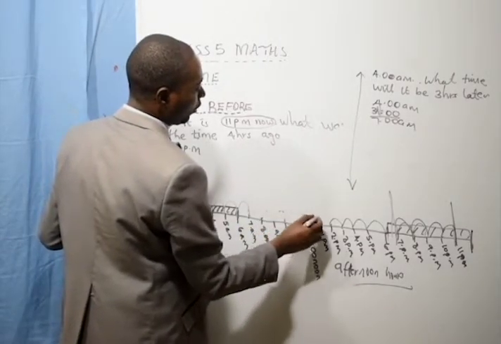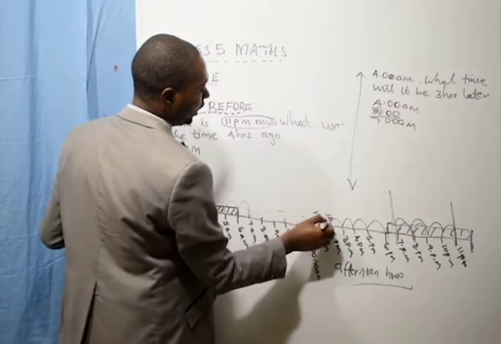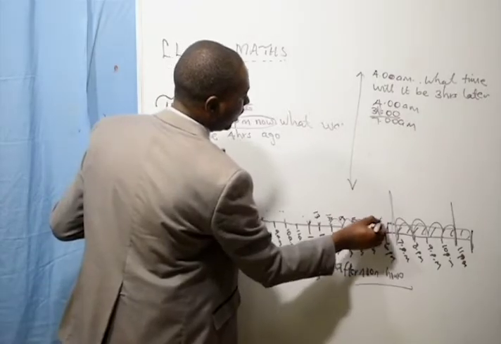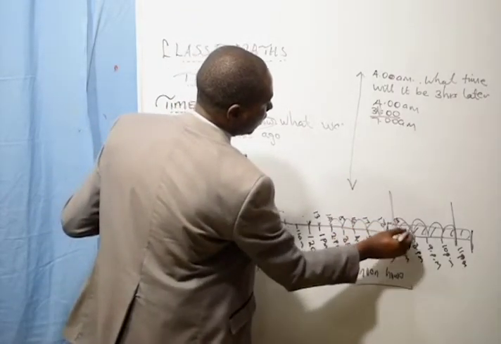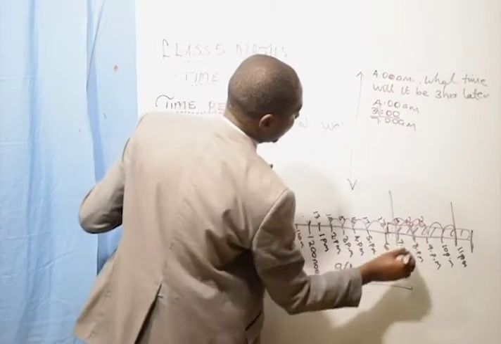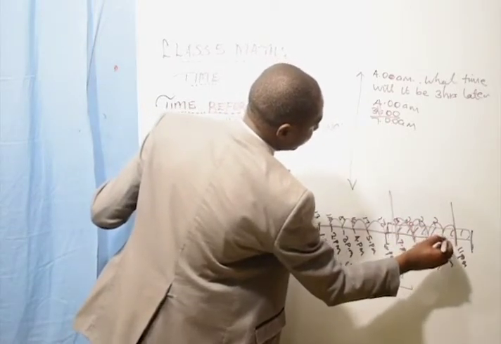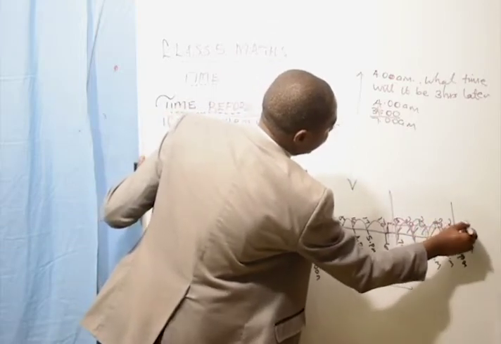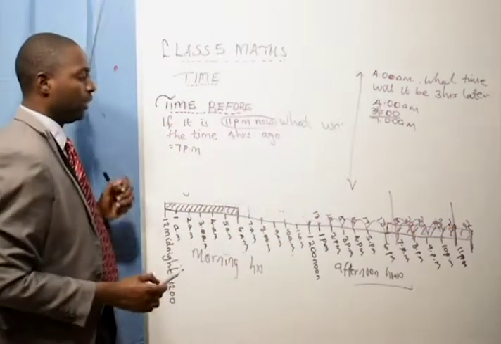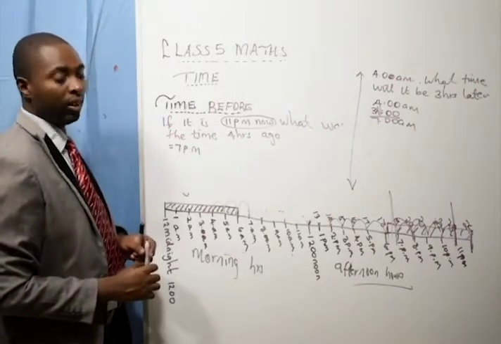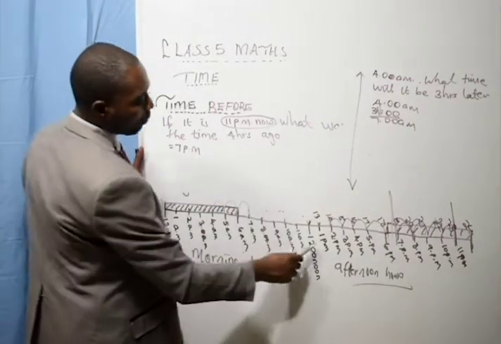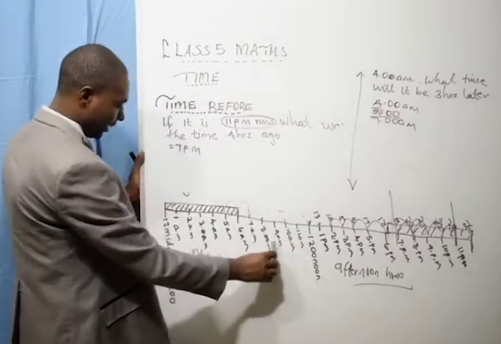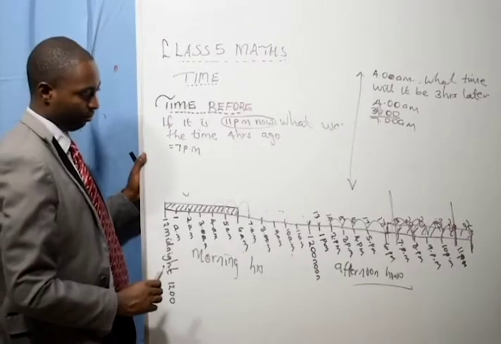If I was to continue, I would continue with 13, 14, 15, 16, 17, 18, 19, 20, 21, 22, 23, and then 24. And that's what we normally say, that a day has 24 hours. What have you noticed? All PM answers are more than 12. All AM answers are less than 12.